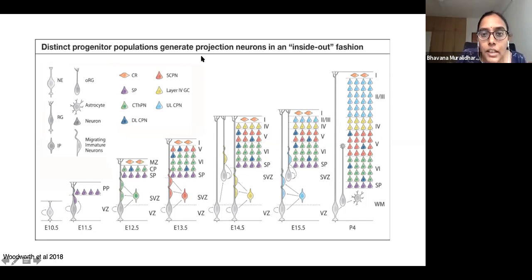So what happens in cortical development, in mouse brain development, is that the onset of neurogenesis is embryonic day 11.5. Until about 16.5 to 17.5, neurogenesis happens in the cortex, and the peak of neurogenesis is between 12.5 and 16.5.